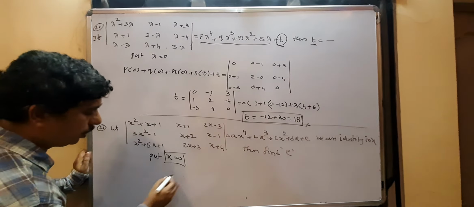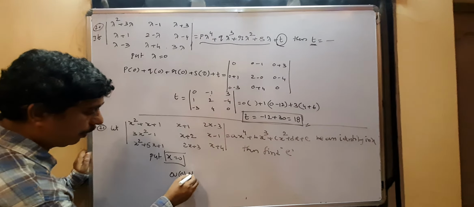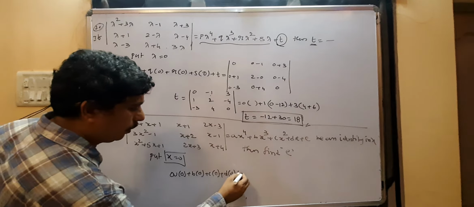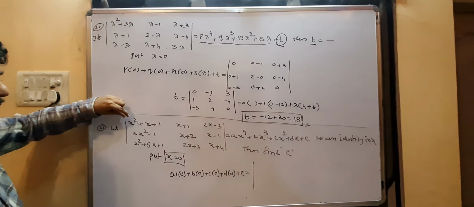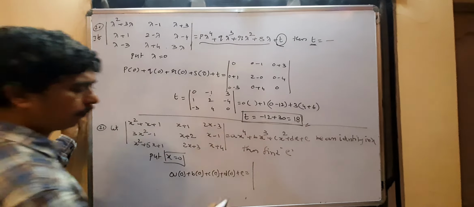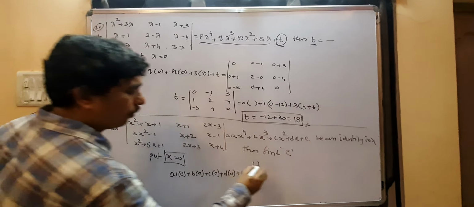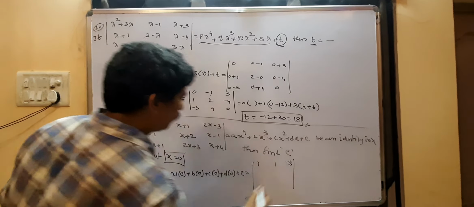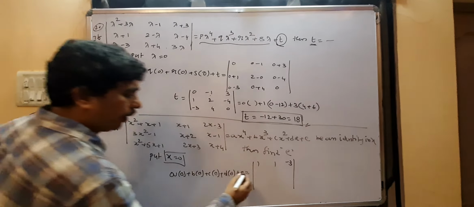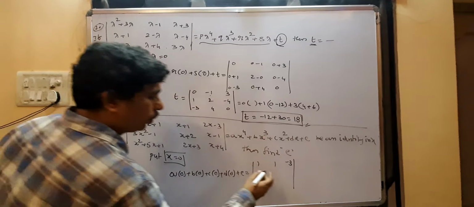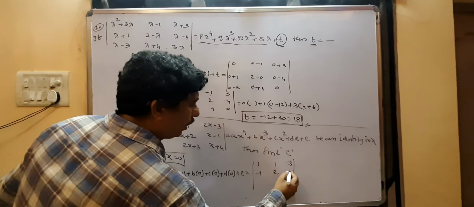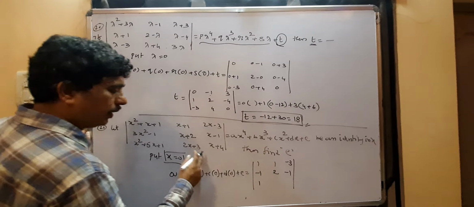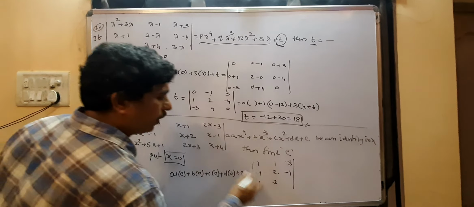So obviously a into 0 plus b into 0 plus c into 0 plus d into 0 plus e equal to the determinant with entries substituted: 0 plus 1, 1; 0 plus 1, 2 into 0 minus 3; 0 minus 1, 0 plus 2, 0 minus 1; 0 plus 1, 0 plus 3 is 3, 0 plus 4 is 4.